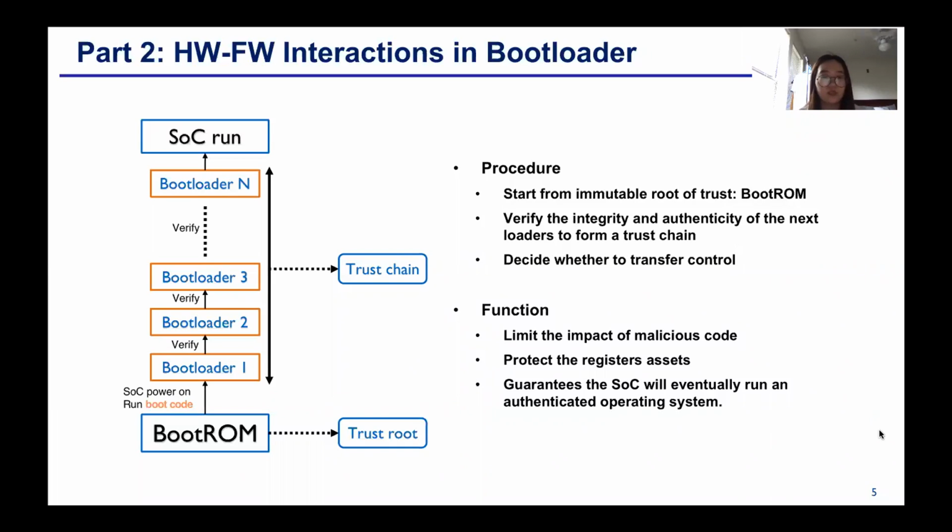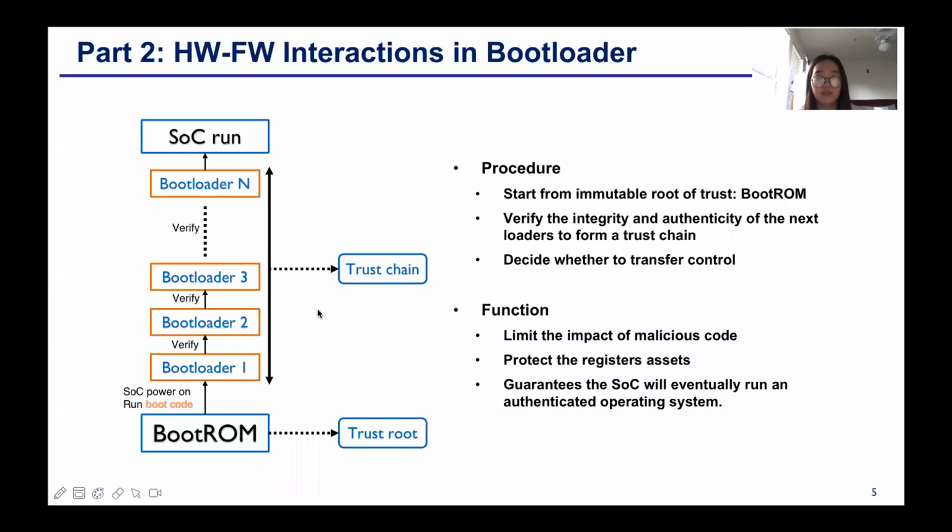During the interactions, the SoC is first powered on, and then we run the boot code, which is stored in the boot ROM. The SoC bootloaders contain a chain of loaders, with each one verifying the integrity and authenticity of the next one.